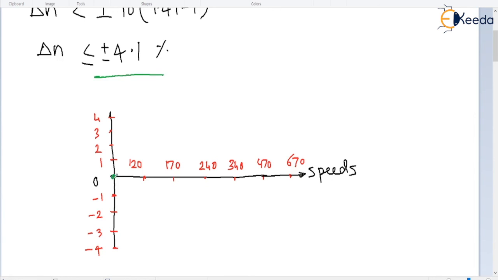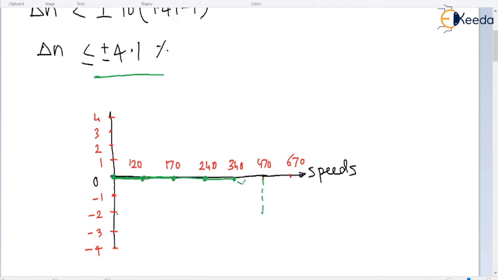We know for the first speed there is no deviation, so this line will be flat. Similarly for 170 there is no deviation, and for 240 there is no deviation. Next we have 340 rpm, no deviation, and for 470 rpm we have one deviation value, which is -2.34, so here we get one deviation line.